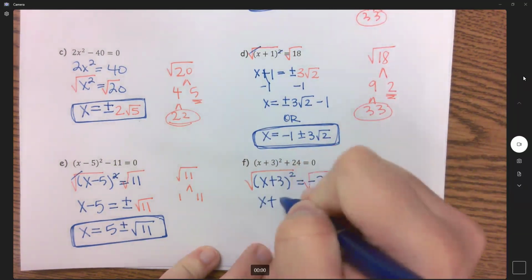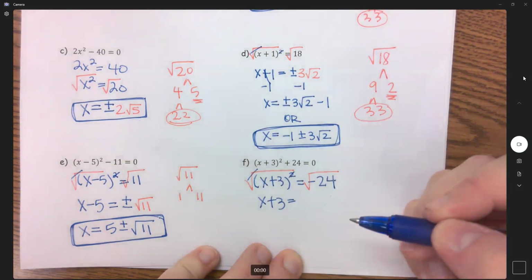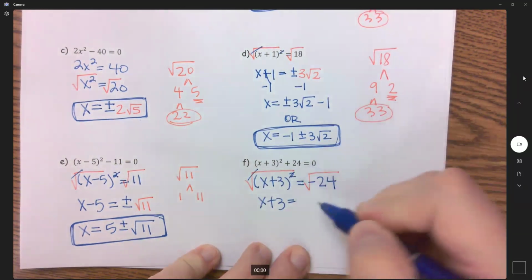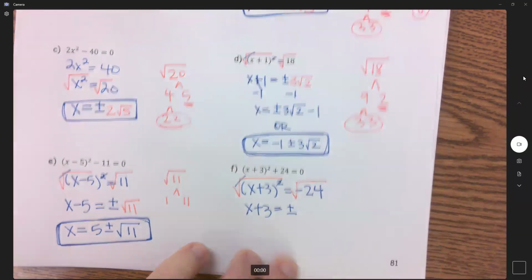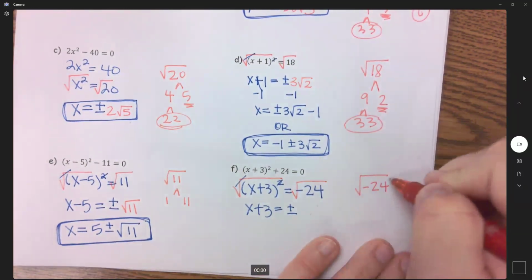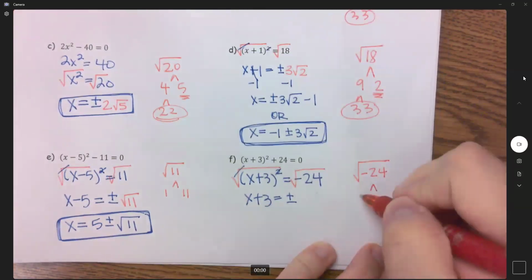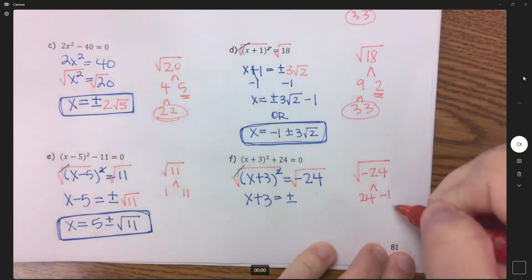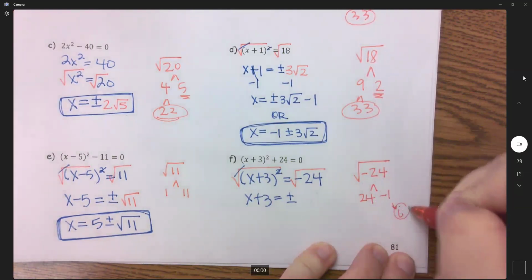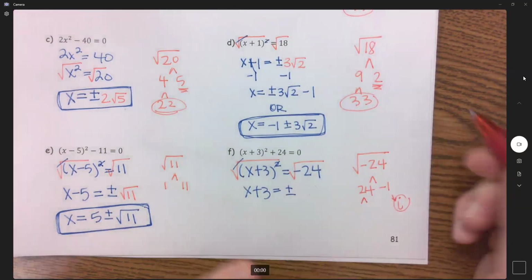So I have x plus 3 because the square root and square cancel, plus or minus, and then let's break down negative 24. This is 24 and negative 1, and negative 1 is my i. So we have an imaginary, and then break down 24.